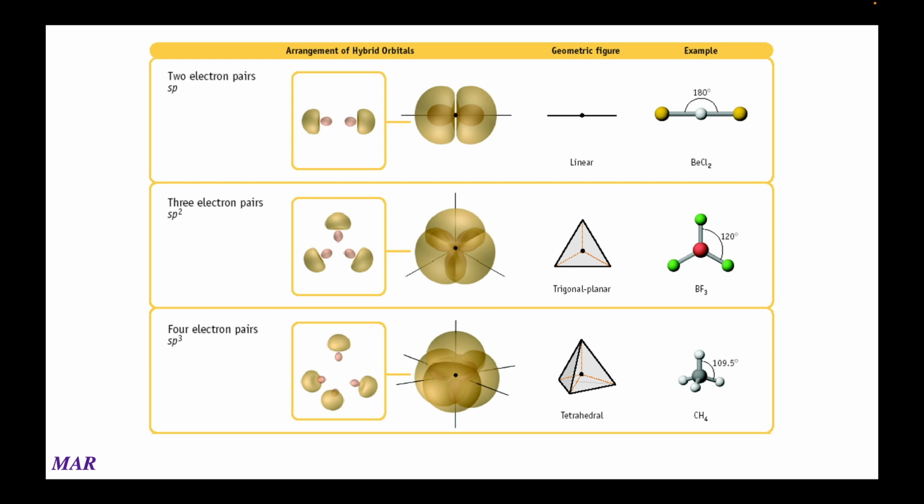When they bond with the chlorines, an sp hybrid orbital bonds to a 3p orbital on each chlorine, making the sigma bond. The next one down is boron trifluoride. The boron is sp2 hybridized to make the trigonal planar structure you see. The last one is methane, CH4. The carbon has tetrahedral electron pair geometry, which means it's sp3 hybridized. Those 4 sp3 hybrid orbitals get as far apart from each other as they can. They bond with the 1s orbital on hydrogen to make the sigma bonds.